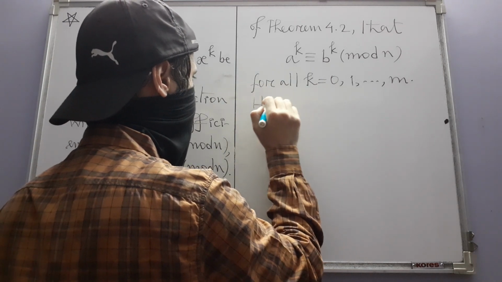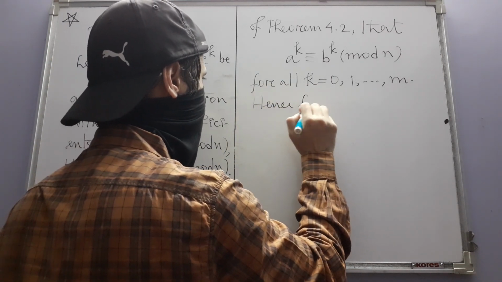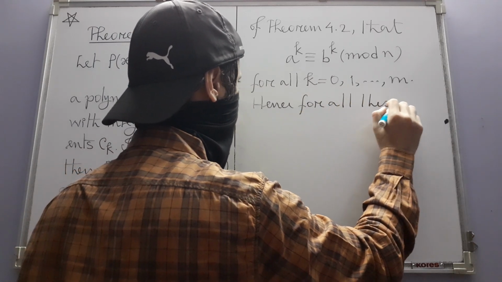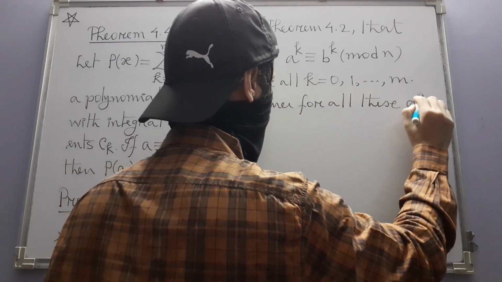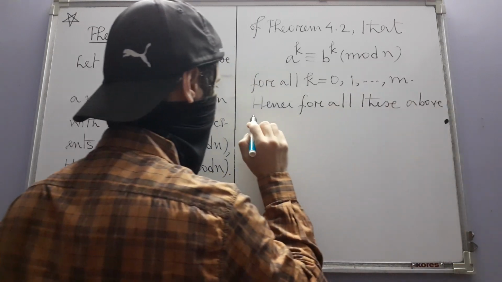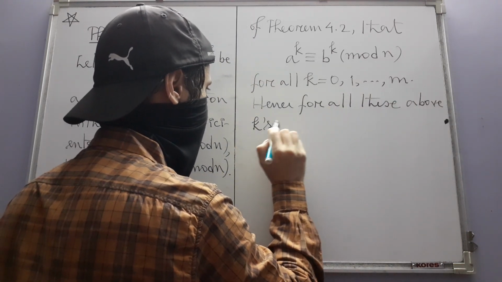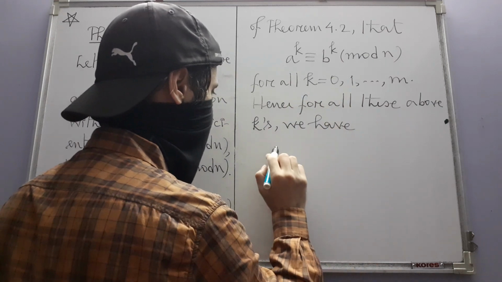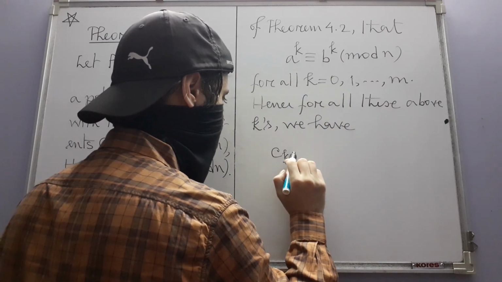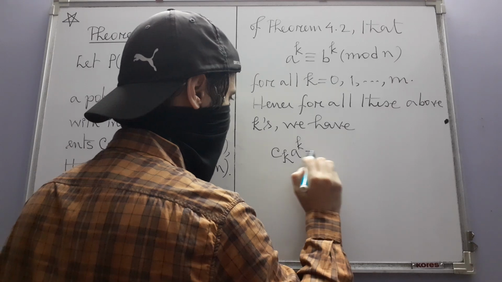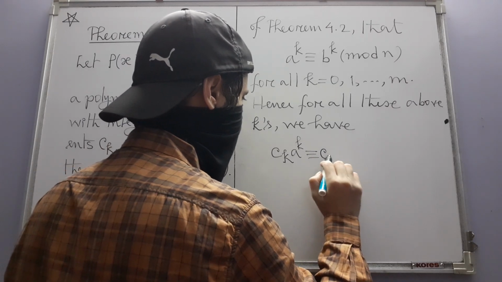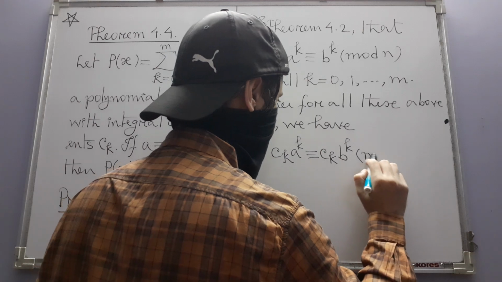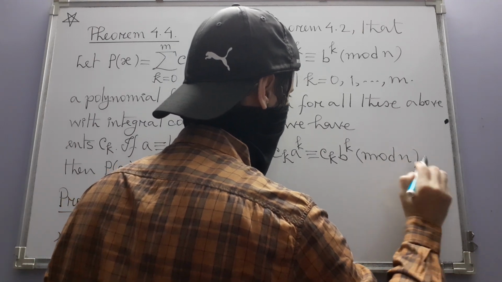Hence, for all the above k's, we have c_k times a to the power k is congruent to c_k times b to the power k modulo n.